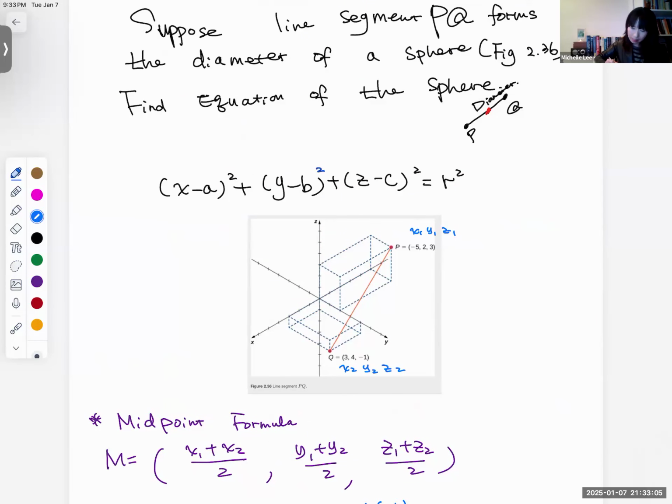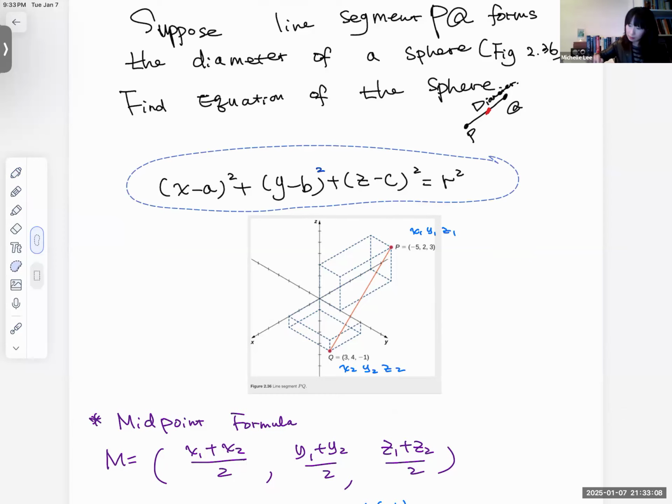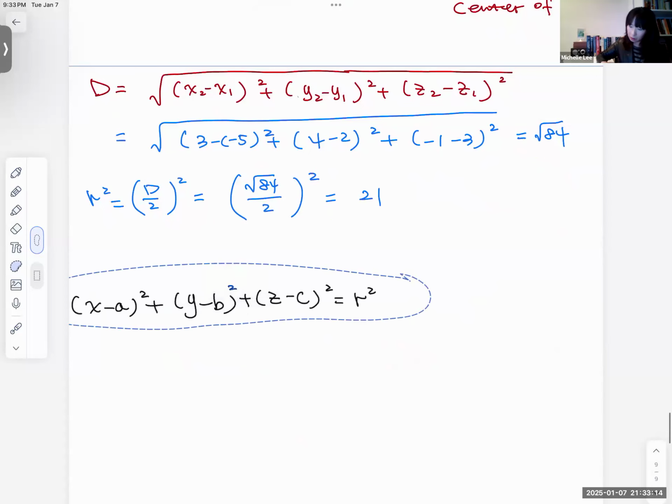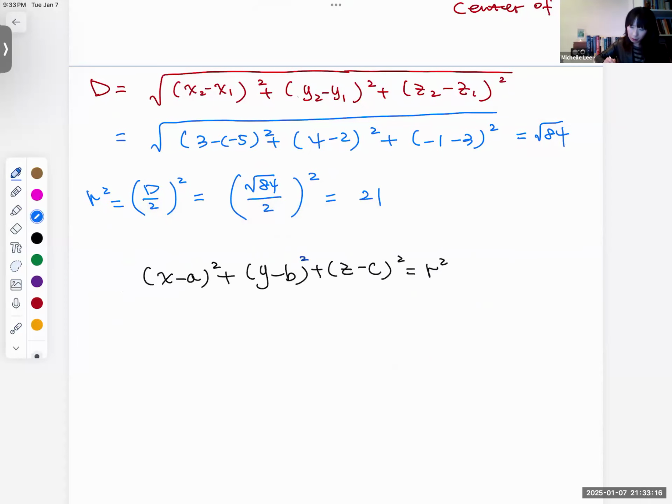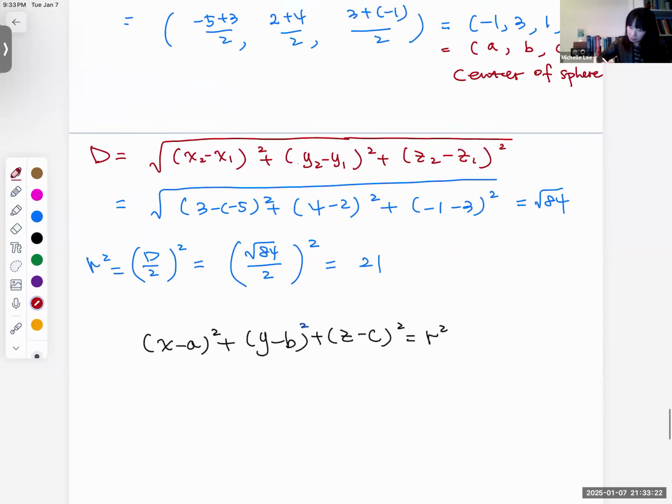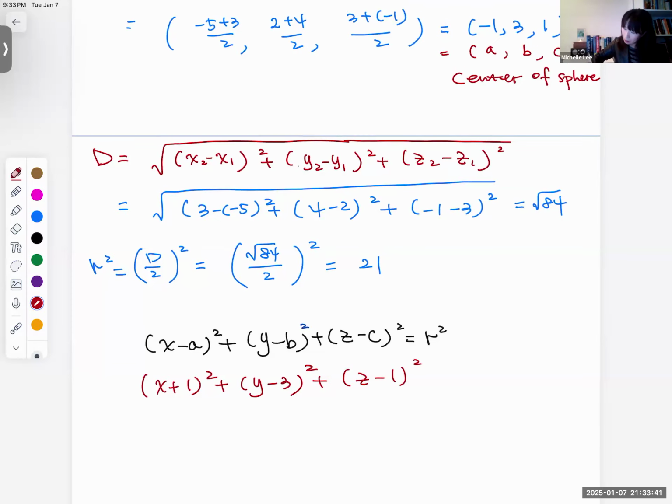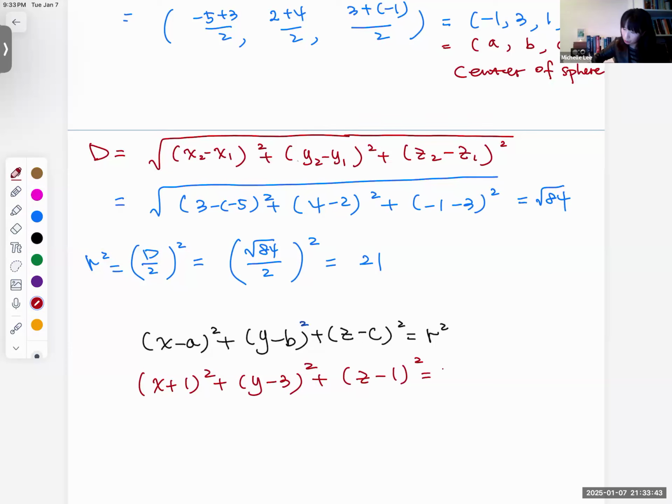So there will be ABC. x minus positive 1 squared plus y minus 3 squared plus z minus 1 squared, right? Equal to r squared, which is 21.